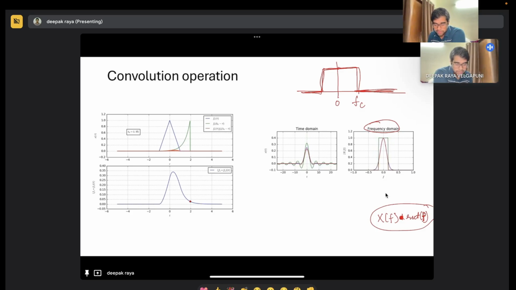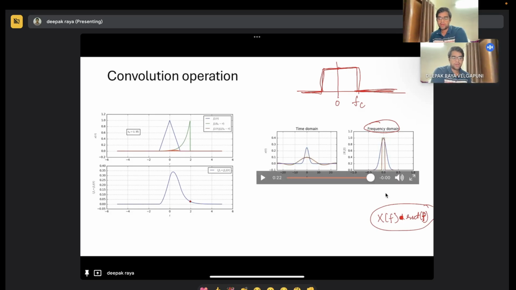The blue one shows what is happening to the time domain signal after low pass filtering. Right now you don't have to worry, this is for another class, but this is just to show time and frequency convolution. So if you multiply in frequency domain, it is convolution in time domain.